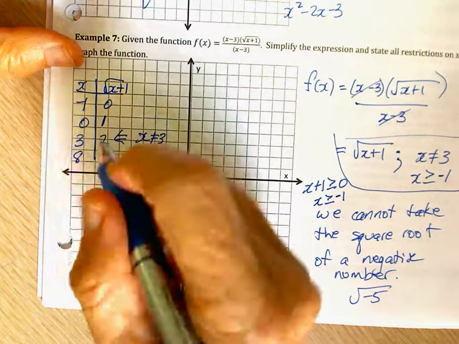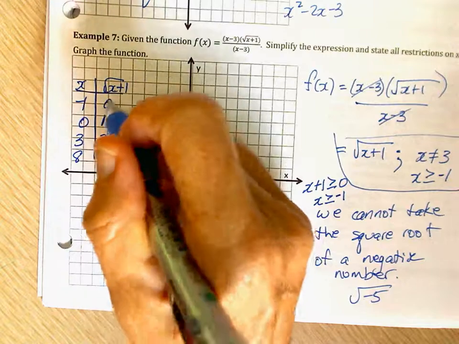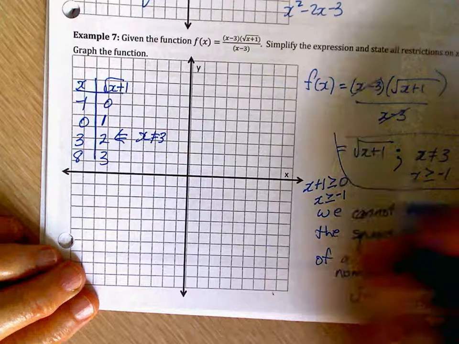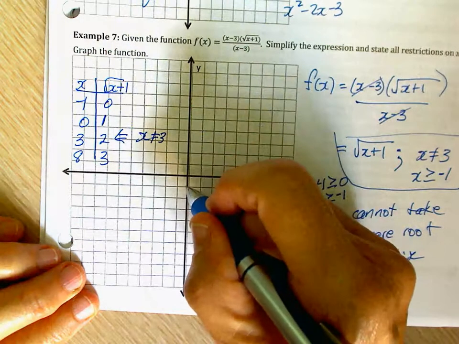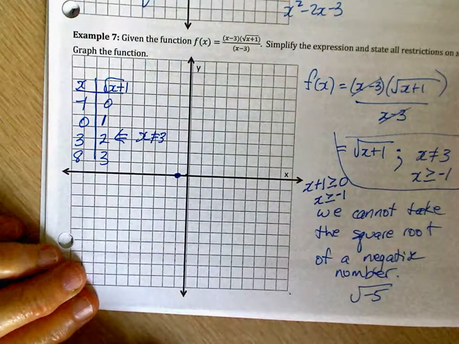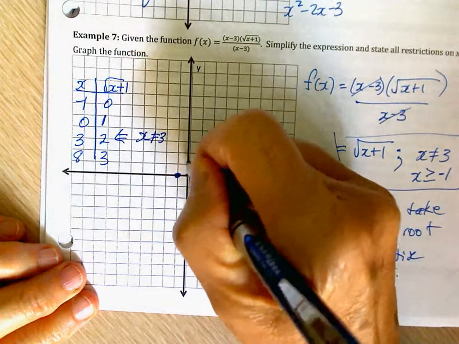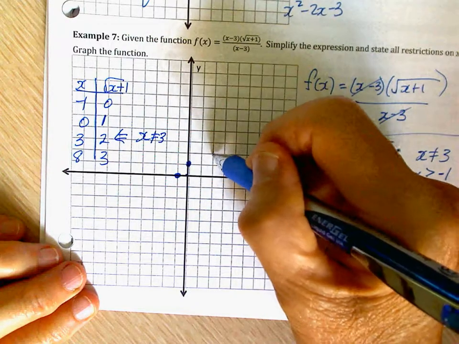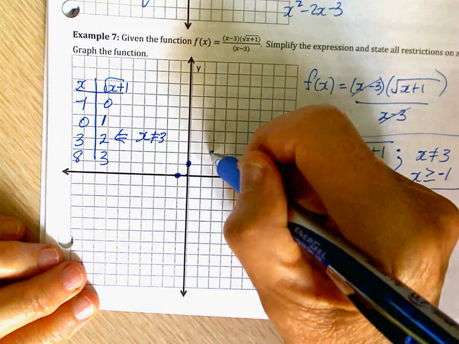So when x is -1, y is 0. When x is 0, y is 1. When x is 3, y is 2, but x cannot be 3. My bad.